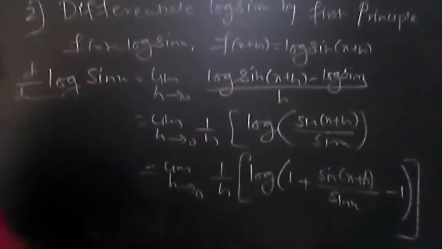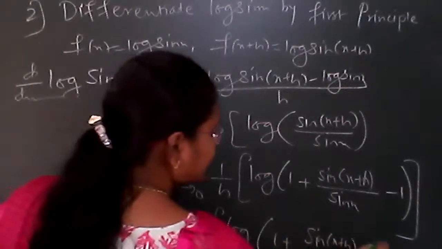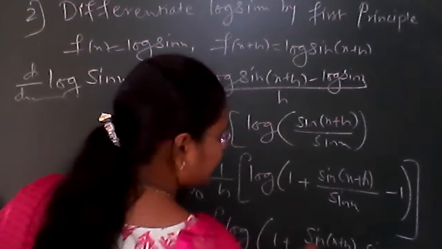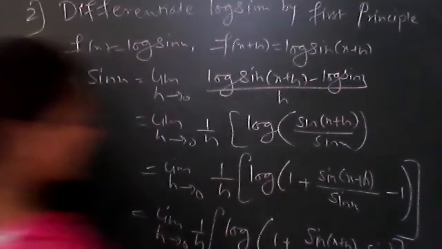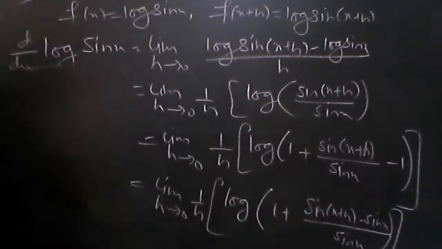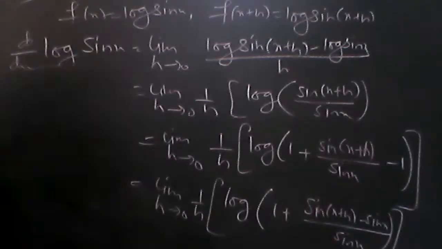It will be the limit as h tends to 0 of 1 upon h, log of that quantity. Any doubt in this step? Yes, student. Any doubt? No, ma'am. Okay.